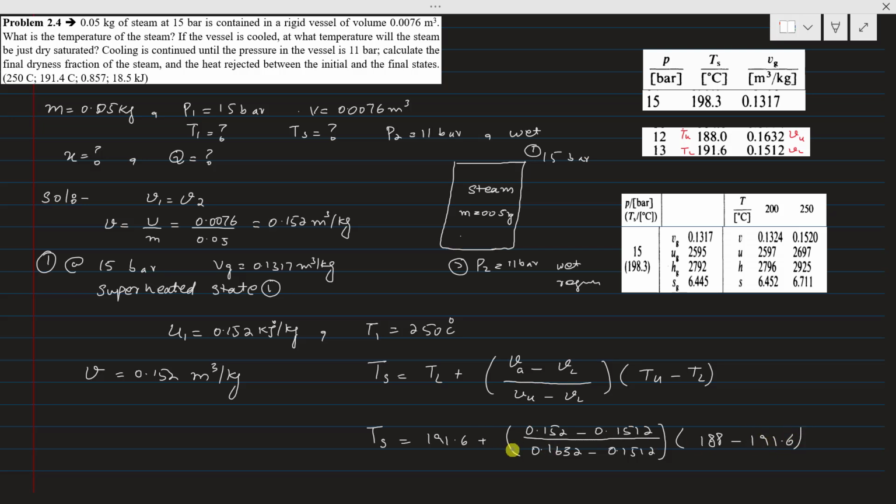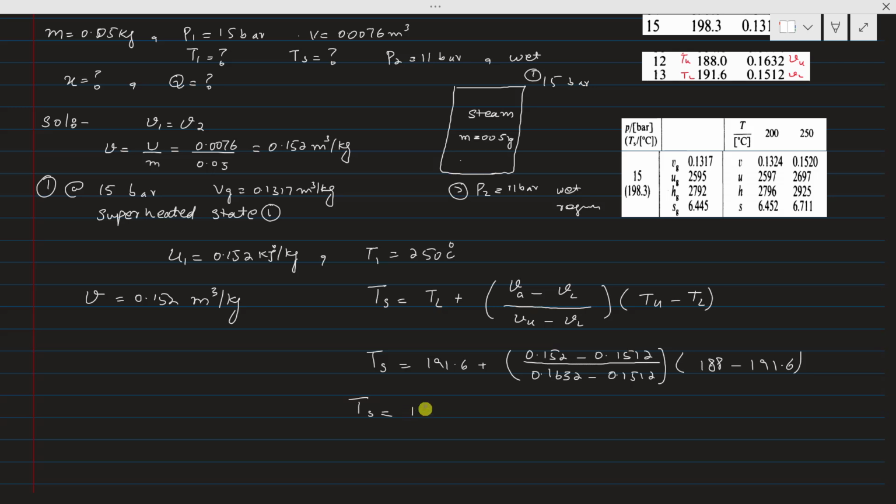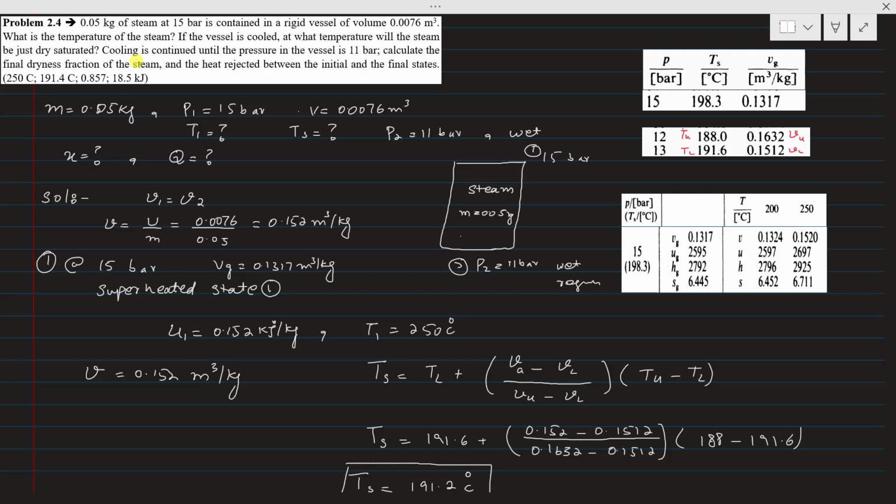After solving this on the calculator, you will get the TS value at which the steam is dry saturated, that you will get almost 191.2 centigrade.